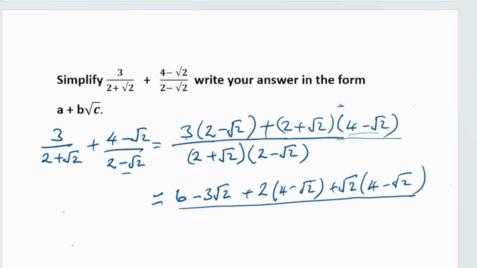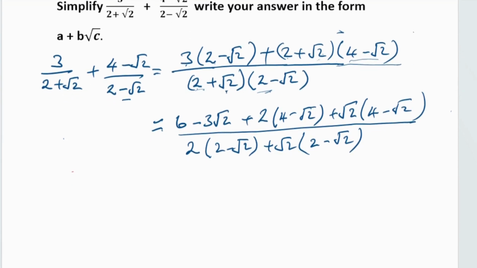Now over here, I can take these two and multiply by 2 minus square root 2, and then I take positive square root 2 and multiply by the whole of that. Remember, I'm opening the bracket. Now I come here and say it is 6 minus 3 square root 2 plus 2 times 4 is 8.